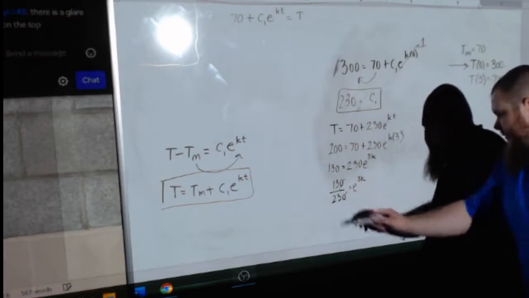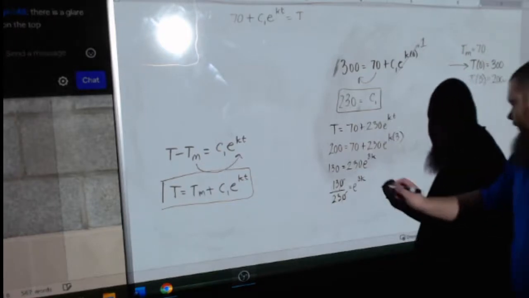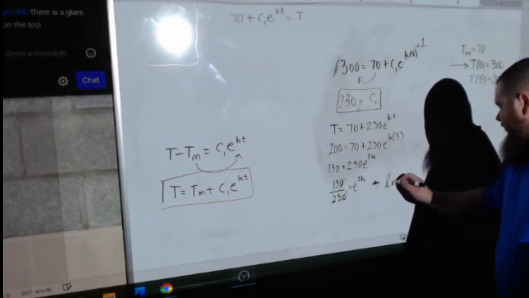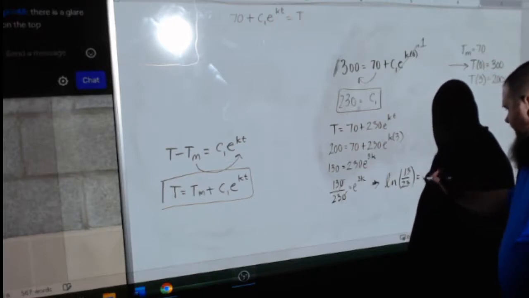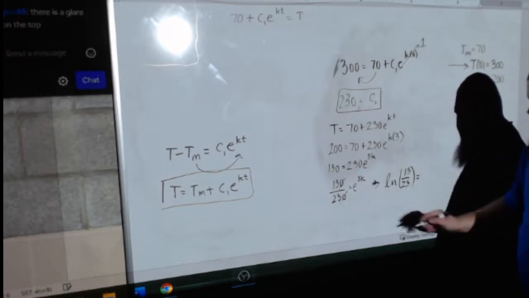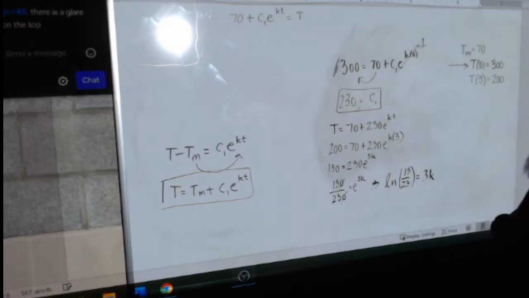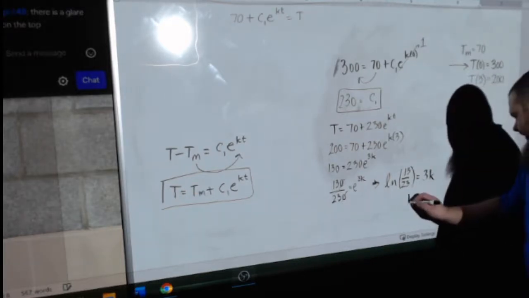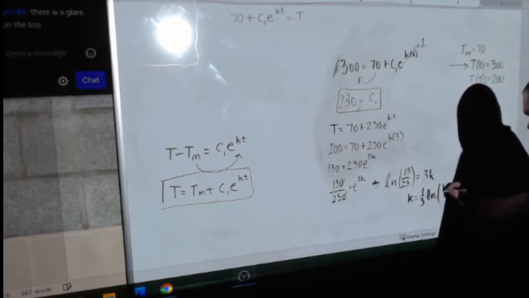Get rid of the zeros, no need for them. The only way to get rid of that exponential e is to take the natural log of both sides. So this is natural log of 13 over 23 is equal to, and if I take the natural log of e, it disappears. So I get 3k. That leaves me with k equals 1/3 natural log 13 over 23.